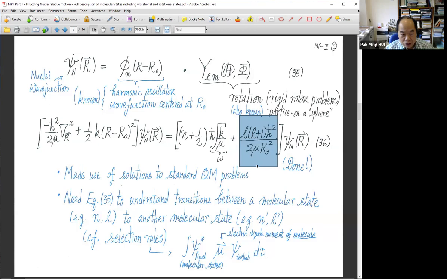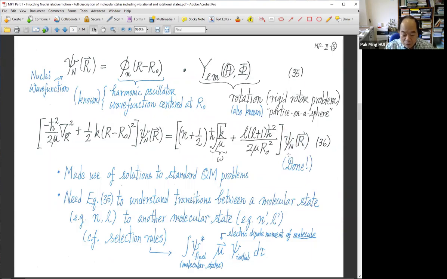The rotational energy will be L square, where Y_LM(theta, phi) is the eigenfunction of L square, over 2 moment of inertia, 2I, which is 2 mu R0 square. So without doing anything, we solved the nuclear part. We have this nuclear wave function with the eigenvalues added together, the nuclear wave function. Okay?